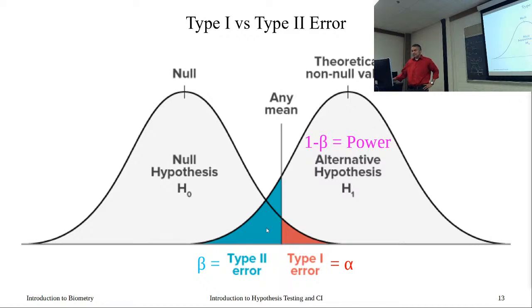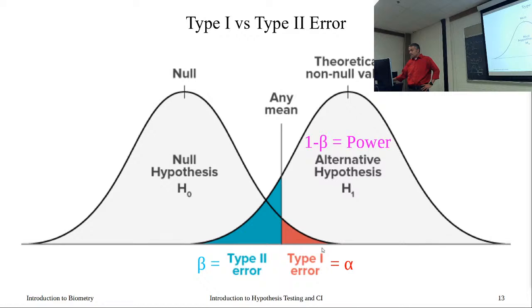Type 2 is failing to reject when we should. So you can say the x-axis represents the values of our difference of means for our wing lengths. If we're above this line, this is our observed line, then the area under the null hypothesis curve represents our alpha. That's a type 1 error.